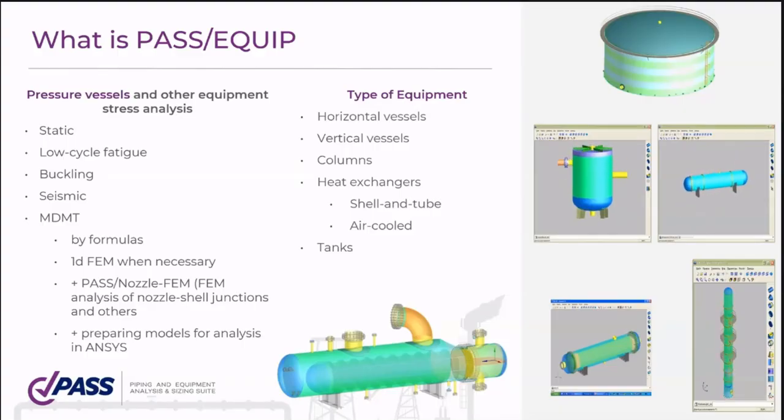What kind of equipment do we address? Horizontal vessels and vertical vessels. The difference is just in support types. Columns, heat exchangers of two main types, shell and tube and air-cooled, and vertical tanks.